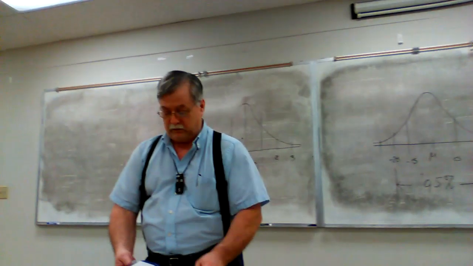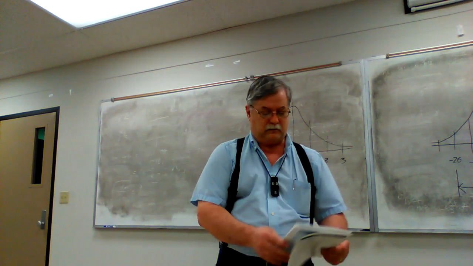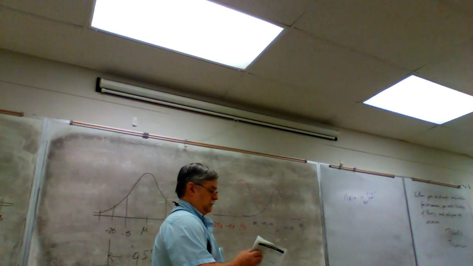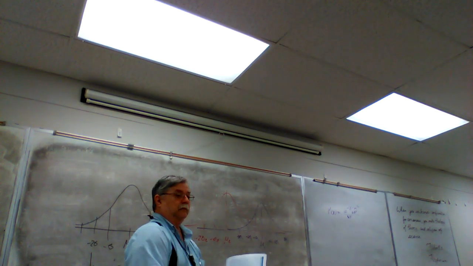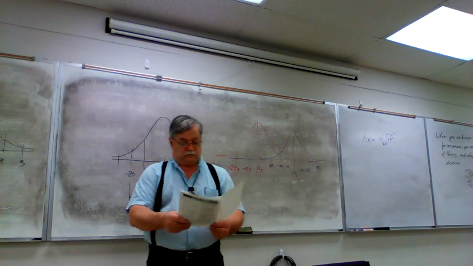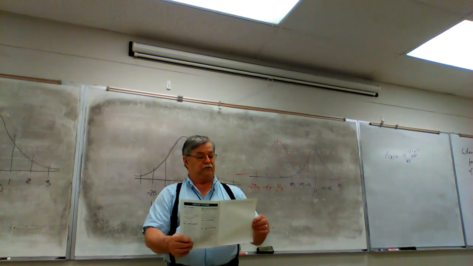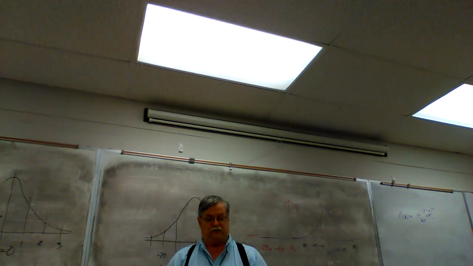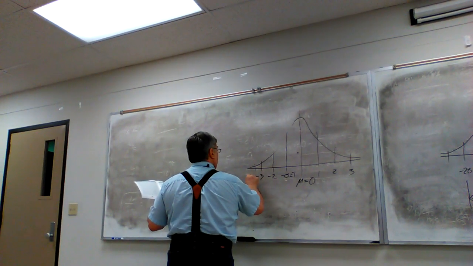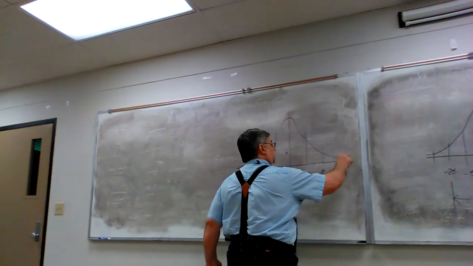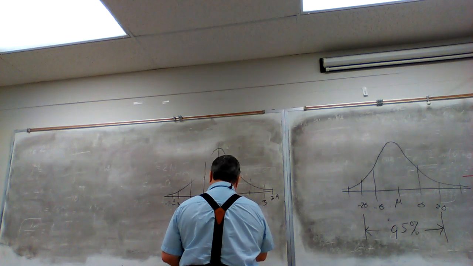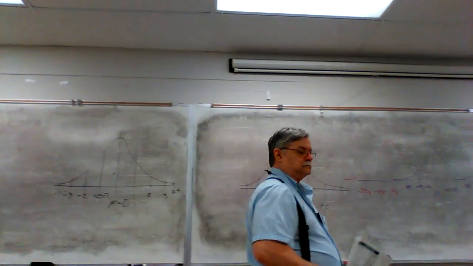Did you find your foldout, by the way? The table is also in the back of your book, table E, and it's the standard normal distribution. It gives you values of z from minus 3.4 to plus 3.4. Or is it 4.9? No, just 4. Okay?